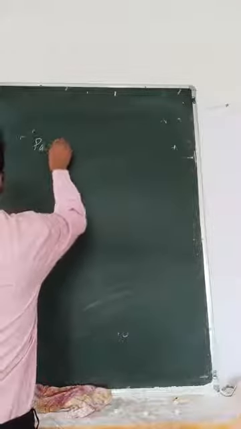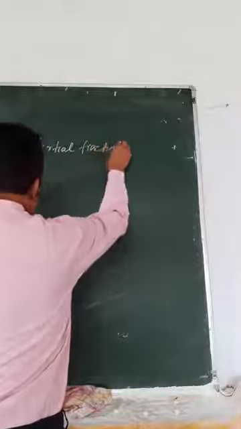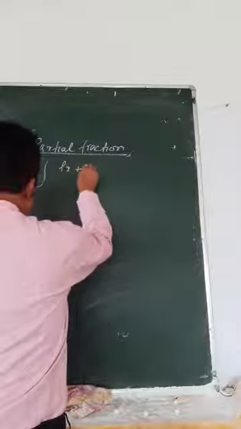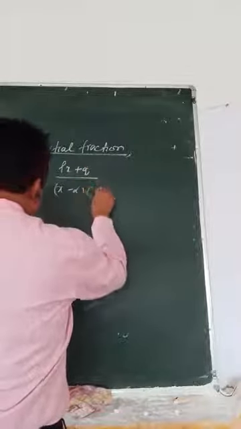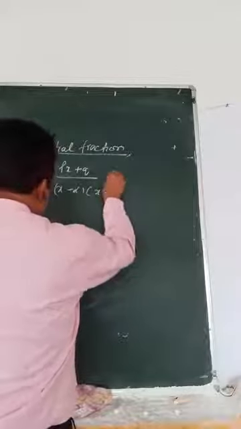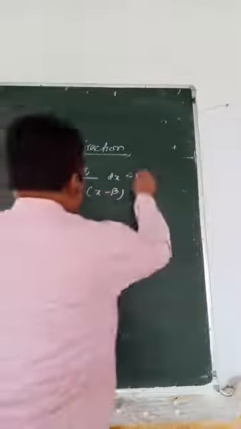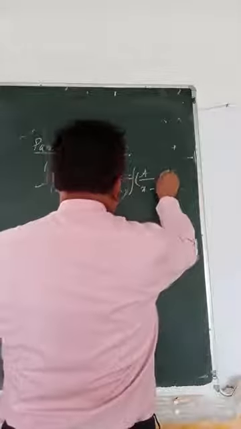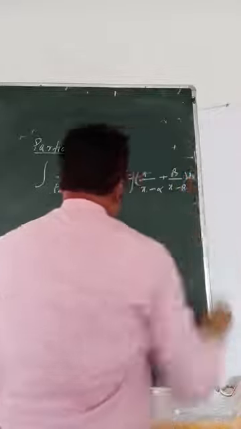Partial fraction. Suppose you find an expression in the form (px + q) / ((x - alpha)(x - beta)), then we split this product as A/(x - alpha) plus B/(x - beta).